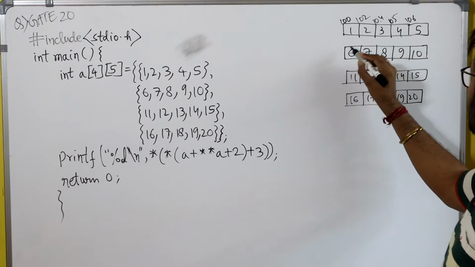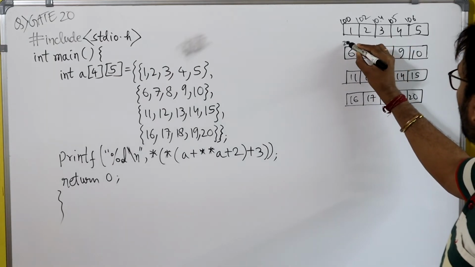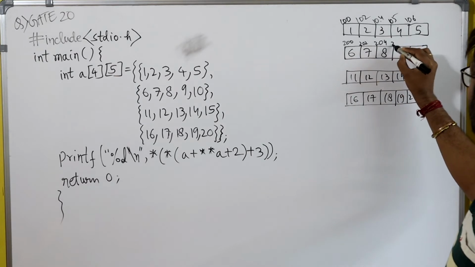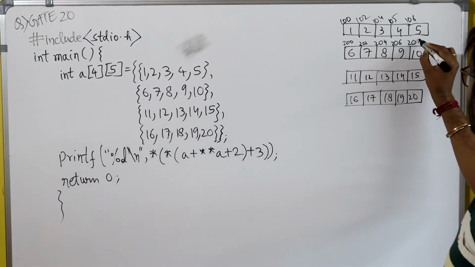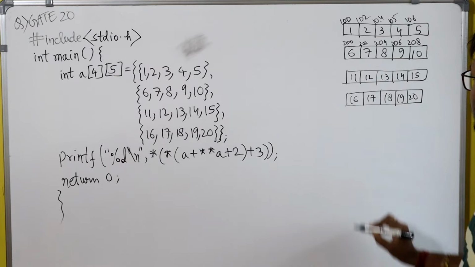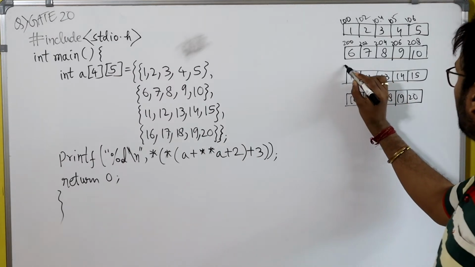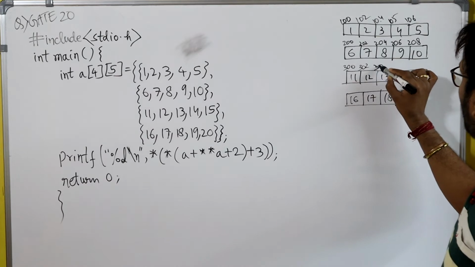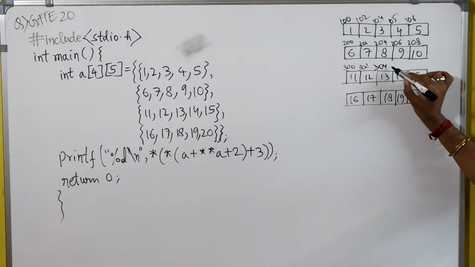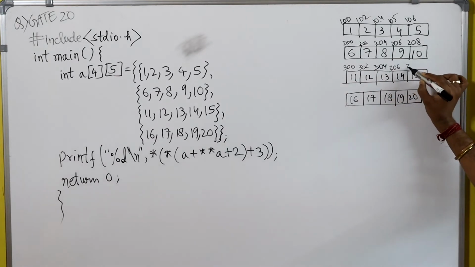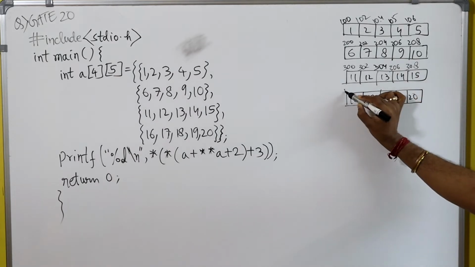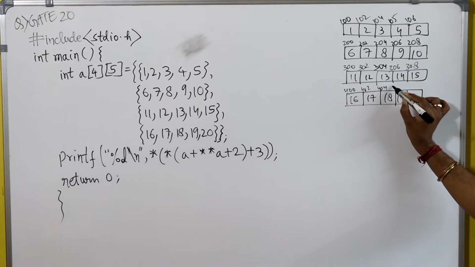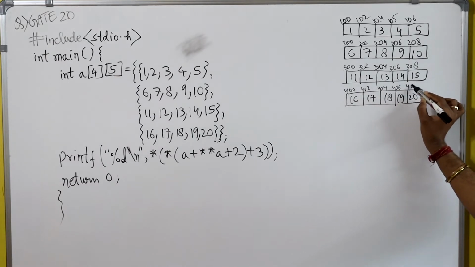Then let's start with 200: 200, 202, 204, 206, 208. Then 300, 302, 304, 306, 308. Then 400, 402, 404, 406, 408.